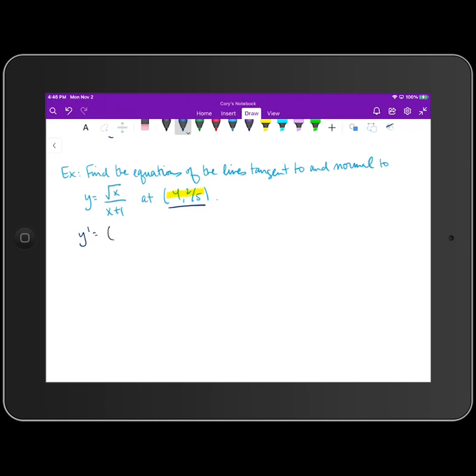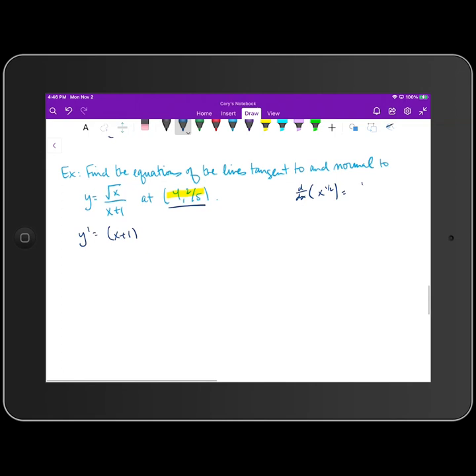So that's low, the bottom function, x plus 1, d high. If I want to take the derivative of rad x, I can write that as x to the 1/2 power.